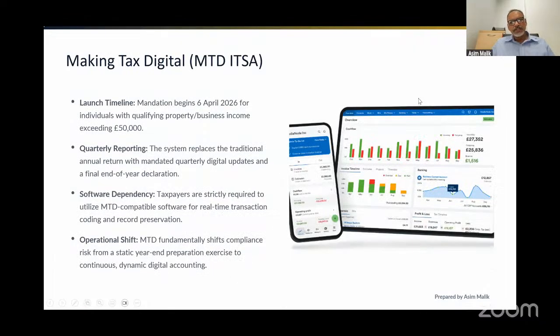Right, so that brings us on to Making Tax Digital. Making Tax Digital is basically a platform where HMRC is asking for information to be submitted in a particular format with some sort of audit trail. So it's the software which maintains those audit trails.